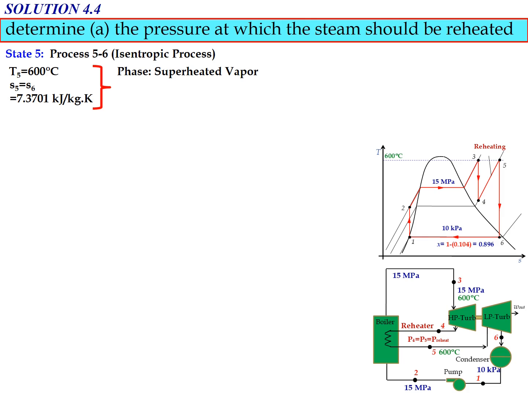So confirmed, after you compare using the table, you will obtain that the phase for state number 5 is in the superheated vapor region.